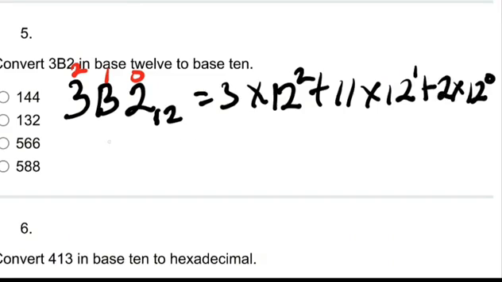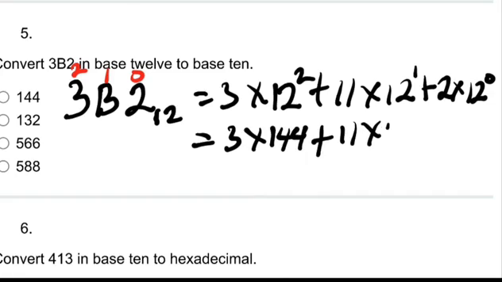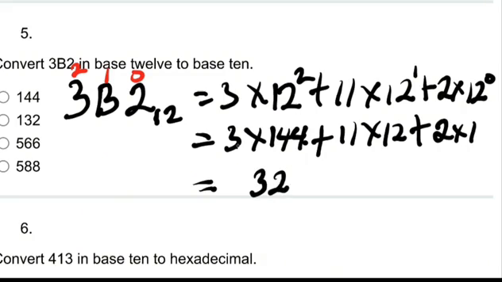So this will then give us 3 times 144 plus 11 times 12 plus 2 times 1. So 3 times 144, that gives 432. 3 times 4, that is 12. You carry 1. 3 times 4, 12 plus 1, that is 13. 3 times 1, carry 1, that is 432.